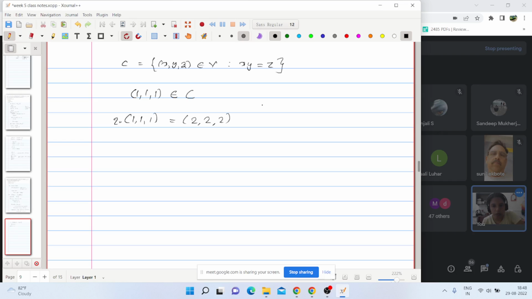Does this belong to C or not? No, it does not belong to C, because x position into y position means 2 into 2, which is equal to 4, and this is not equal to the z value 2. So under scalar multiplication, this set C is not closed. So C is not a subspace.